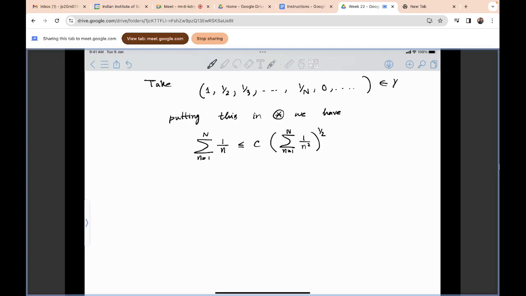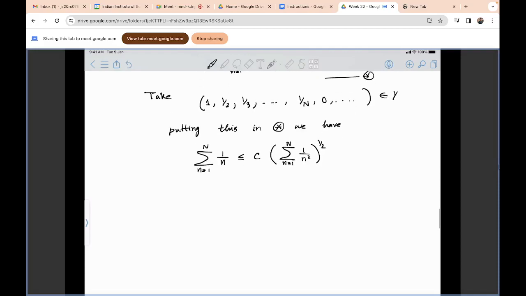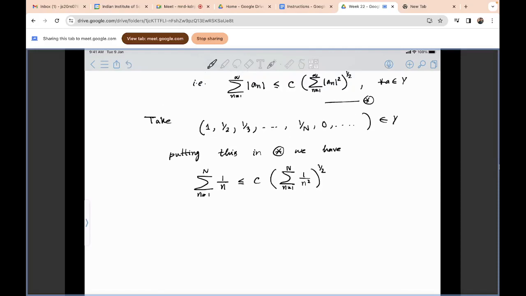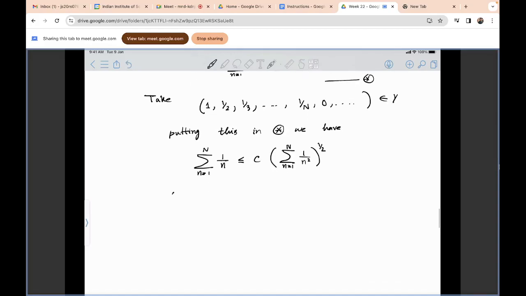Now we know that the right hand side is finite because it is the summation of 1/n squared. This is true for any n, so now we can vary n. If we take n tends to infinity, then what will happen?